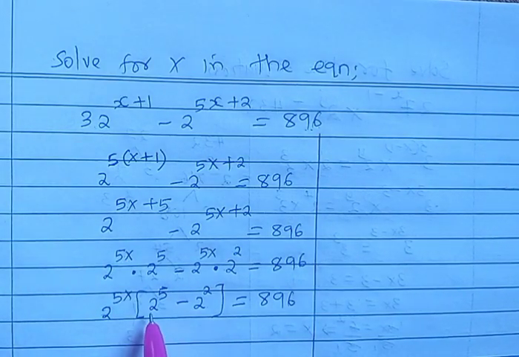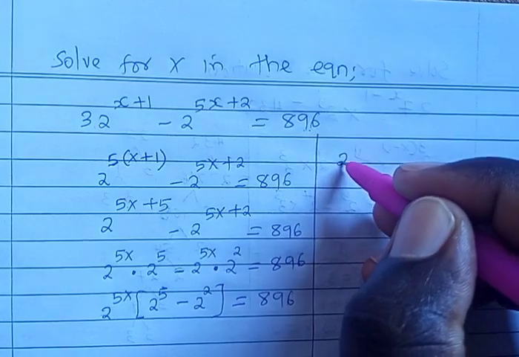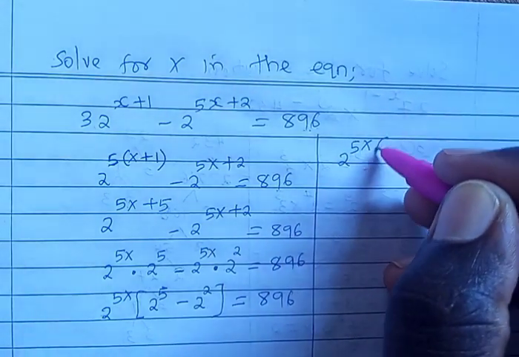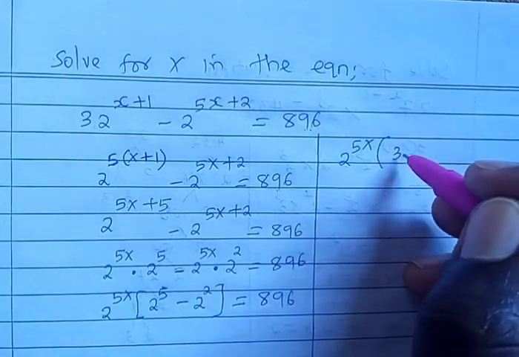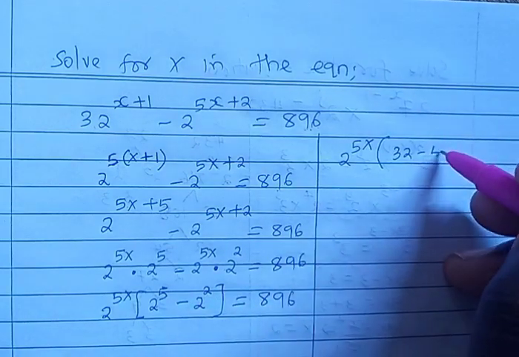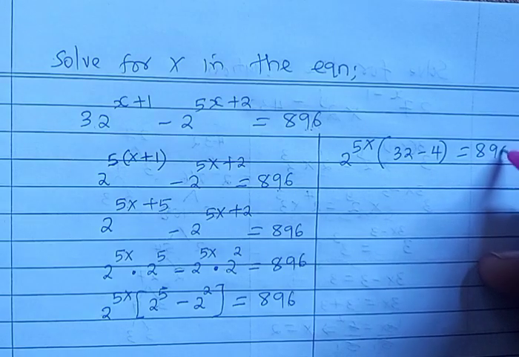Now, since these are like terms, I can say that is 2 raised to 5x into, 2 raised to 5 is just 32, minus 2 raised to 2 is just 4, equals to 896.